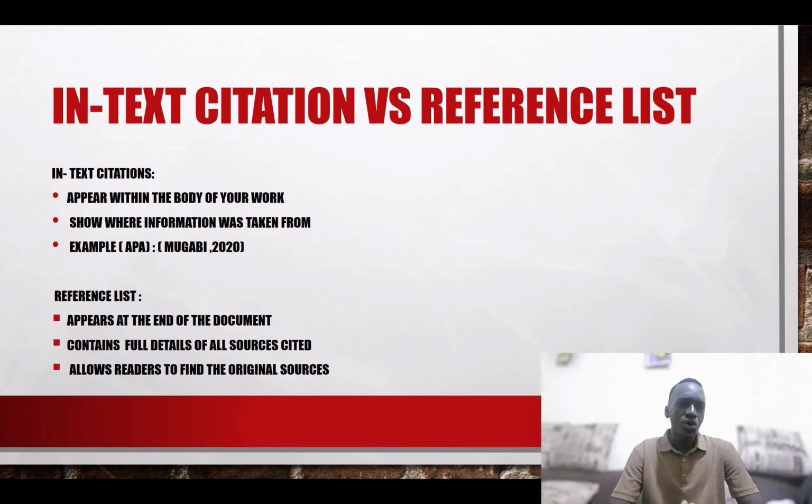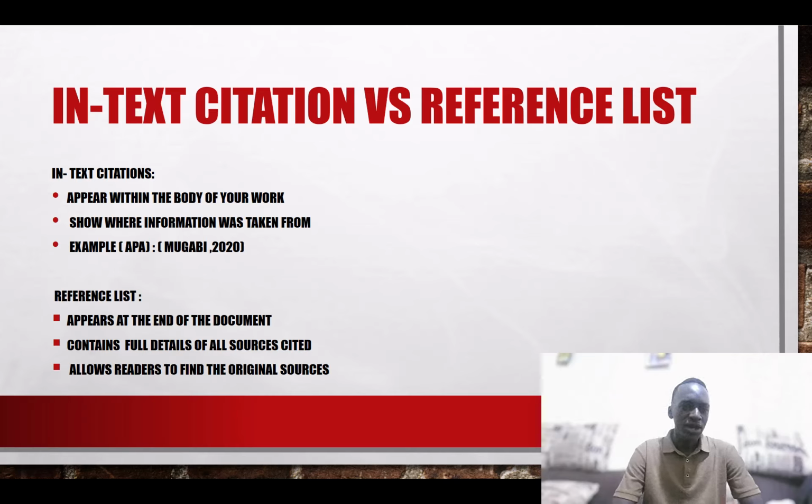We have what we call the types of citation: the in-text citation versus the reference list citation. In the in-text citation, the citation appears within the body of the work that you've done, right away in the middle of the body.